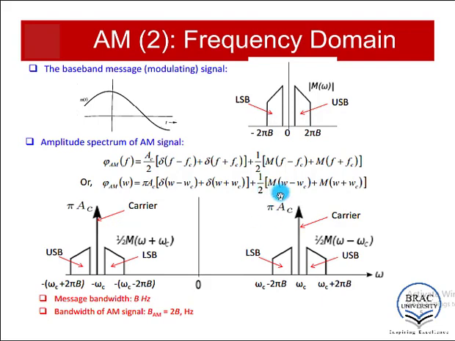Now the second portion, half of M(omega minus omega c) plus M(omega plus omega c), comes from the message multiplied by cos omega c t. As I have already mentioned, this is the original spectrum. This whole thing in the positive portion and negative portion totally forms the spectrum of the message, and the center frequency is actually at 0.